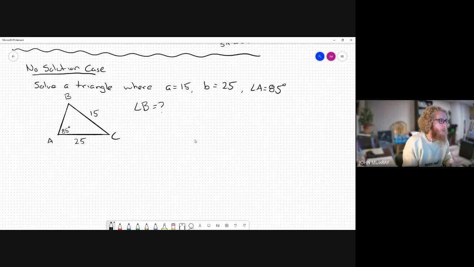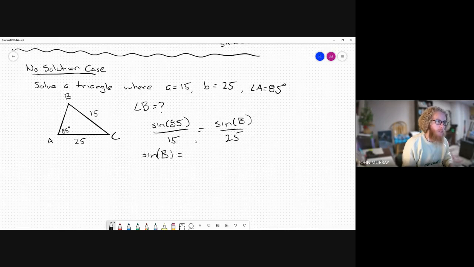So let's set up our proportion. So I have the sine of 85 over 15 equals the sine of angle B over 25. All right, so everything pretty straightforward right now. We do our cross multiplication.